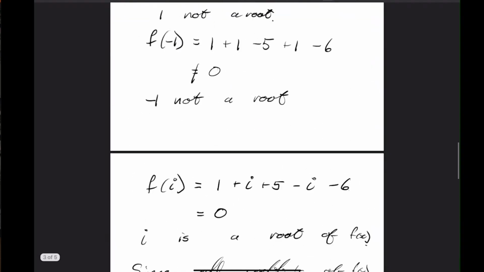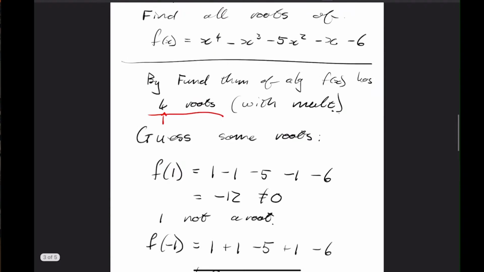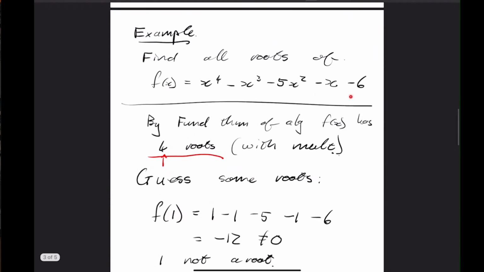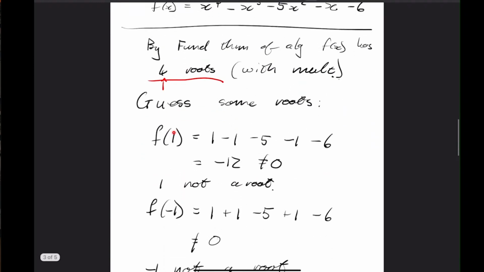Okay, so let's just go through that again. What did we do first of all? We took a look at our polynomial. We didn't see any useful pattern that we could exploit. So what we started with was guessing some roots. So try 1, plug it in there, see if we get 0. If we get 0, then we know that 1 is a root.